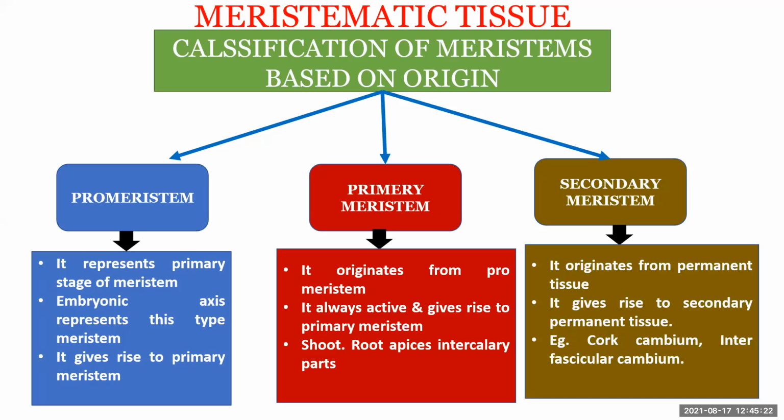The cells of the cork cambium divide and produce secondary tissue. The cells of cork cambium produce secondary cortex towards the inner side and cork towards the outside. Here also, the meristematic strips present in between the two vascular bundles are called interfascicular cambium.